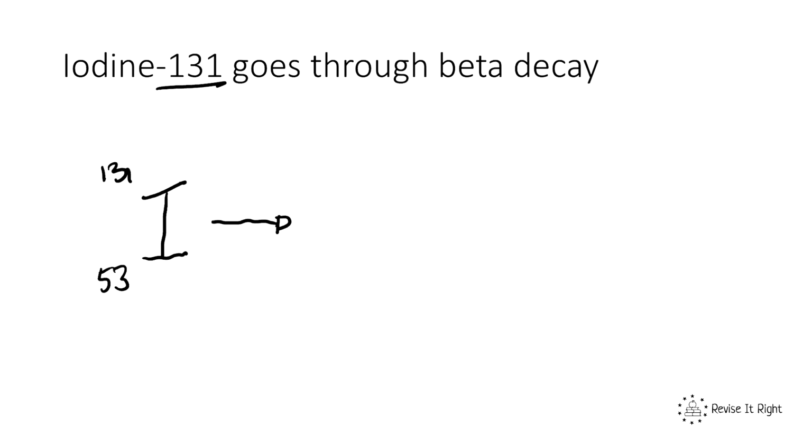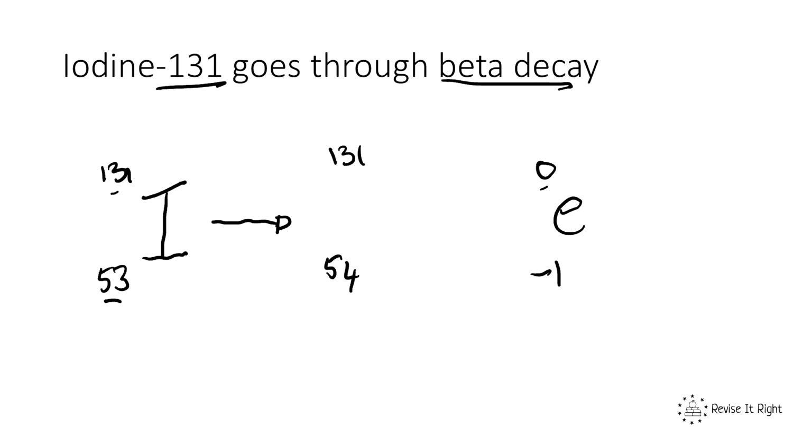We know that's going through beta decay, so it's going to emit an electron with a mass of 0 and a proton number of -1. A neutron is going to turn into a proton, so we know the proton number is going to go up. 131 take away 0 to find the mass is 131, and 53 minus -1 is 54.